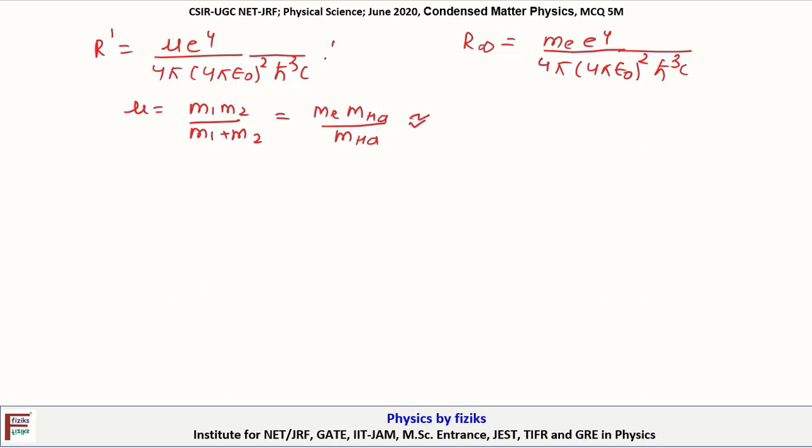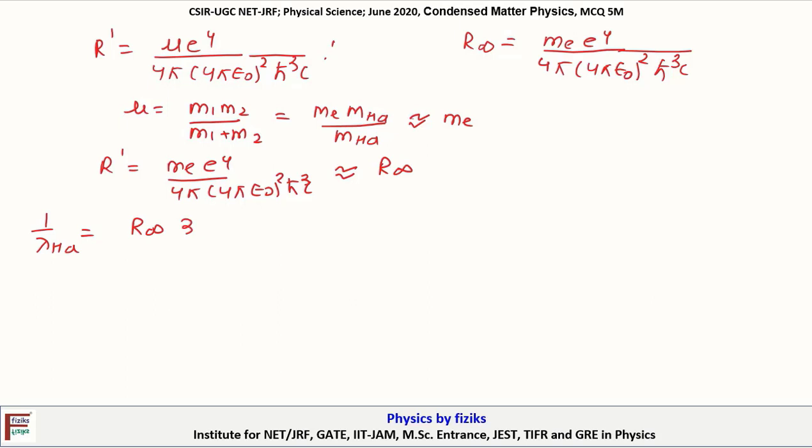So μ can be replaced with me, and if we replace it here, R' would equal me e⁴ / ((4πε₀)² h³c), which is nothing but R∞. So the wavelength λ for the hydrogenic atom would be R∞ × 36 × 3/4.